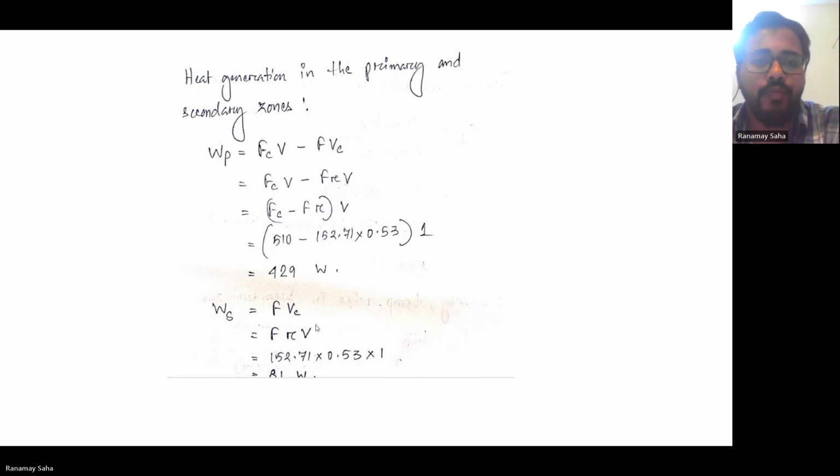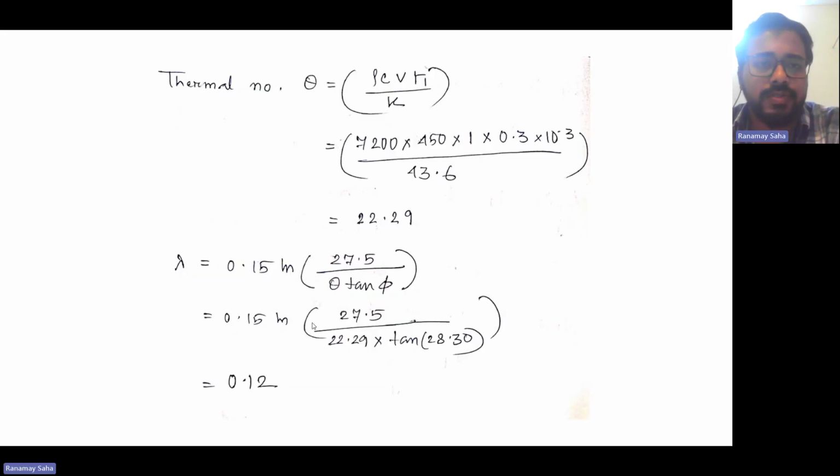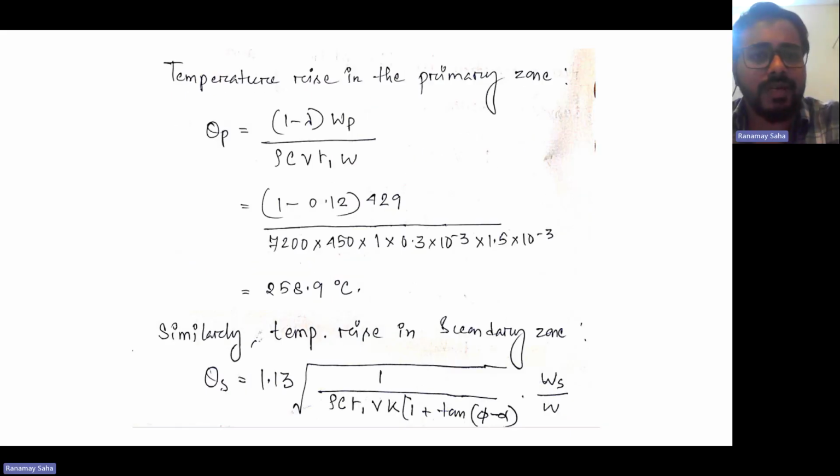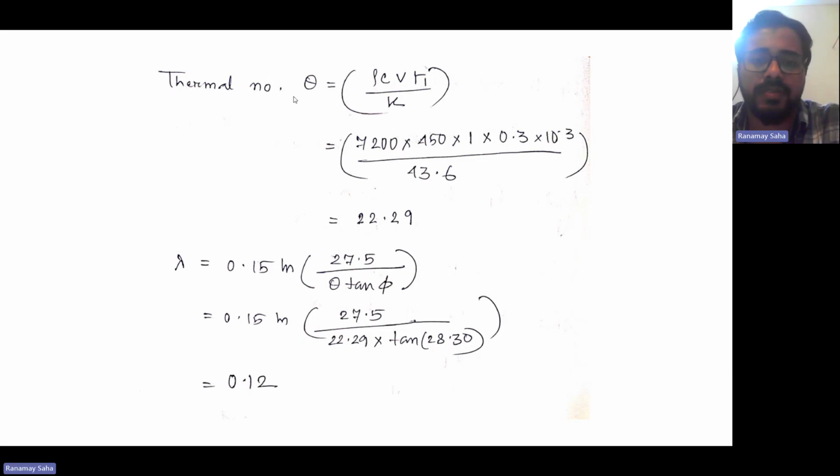Okay. Once you have found out the heat generation in both the zones, you have to find out the temperature rise. For that, you will need dimensionless constants. Thermal number theta, and one is lambda. These kinds of dimensionless constants are not derived here. You can see that the net temperature rise depends upon this dimensionless constant lambda, which again depends on the thermal number theta.